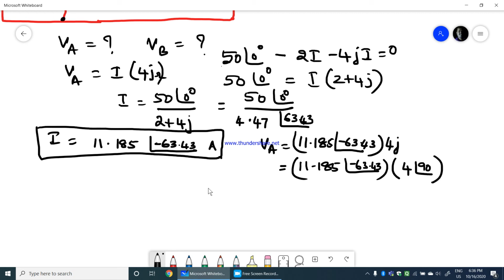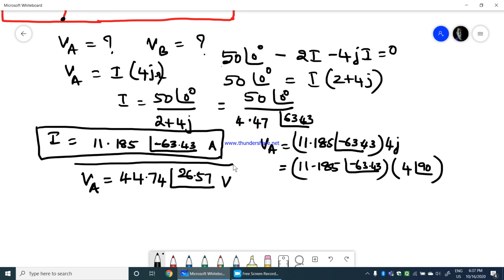So VA would be equal to 11.185 multiplied by 4, which gives 44.74 at an angle minus 63.43 plus 90, which gives 26.57 volts. So this is VA. That is the value of VA which we have got now.